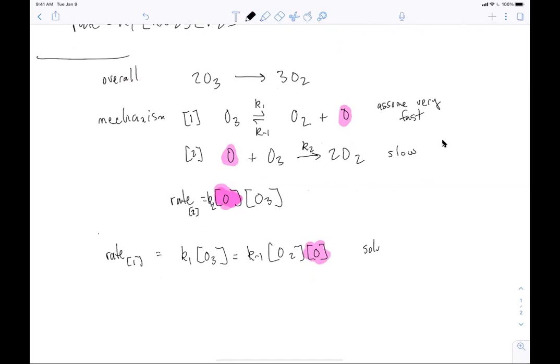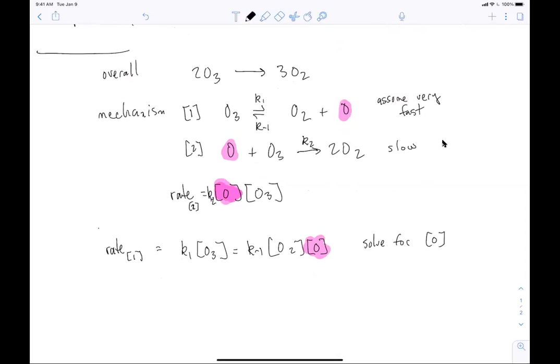So we solve for oxygen, and what we end up with is oxygen is going to be equal to K1 times O3 divided by K inverse 1, or negative 1, times O2. And then we can just substitute that back in. What you'll notice is that once we solve for this, it has O3 and O2 in it. O3 and O2 do appear in the overall reaction, and so you're golden. That's all we're trying to do here.